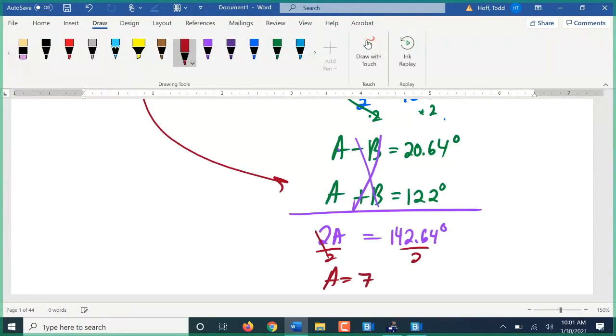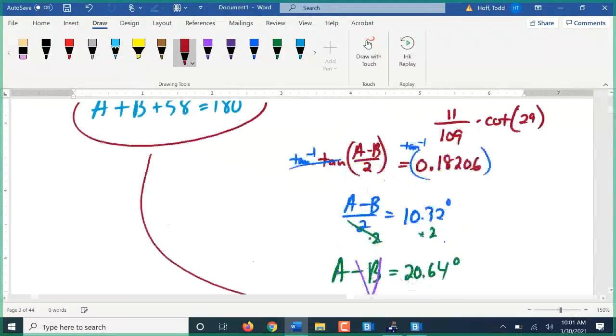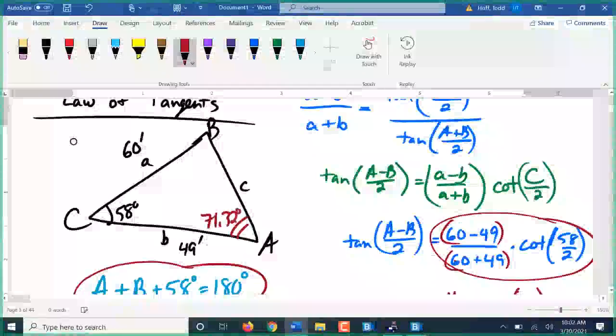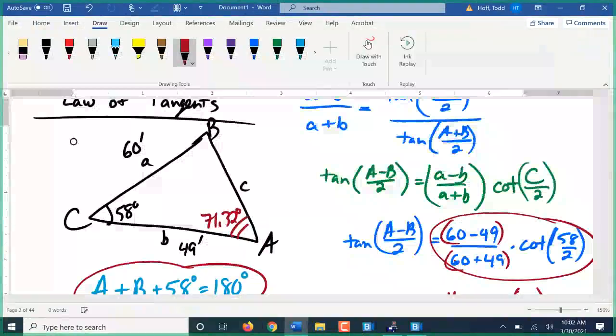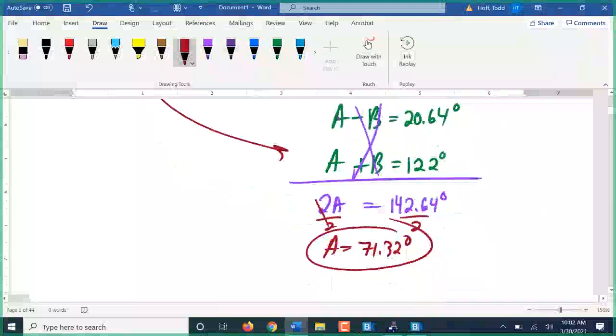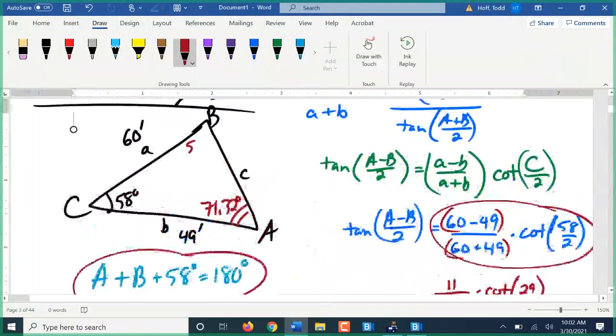A is 71.32 degrees. So we found angle A here, 71.32 degrees. And then we'd find angle B would simply be, what is that going to be? 50.68 degrees if I subtract from 180.